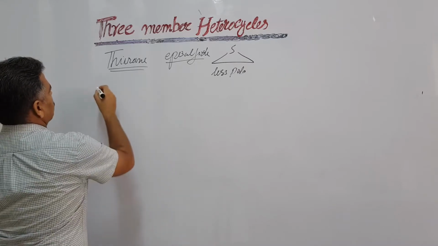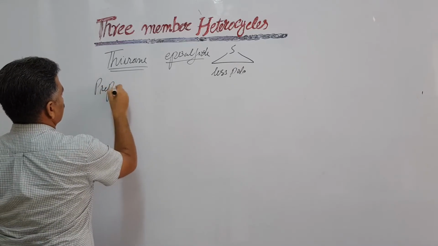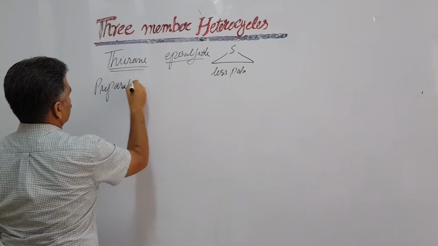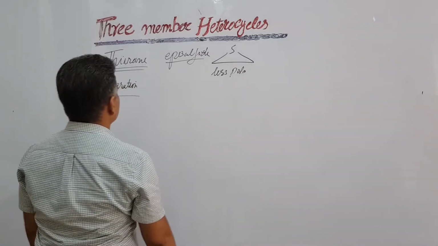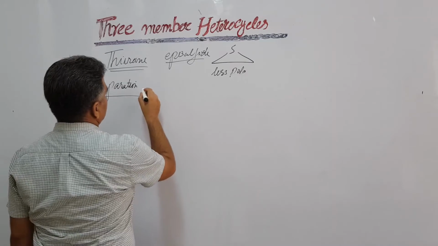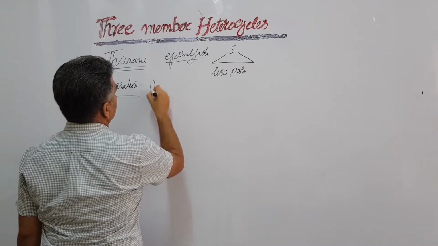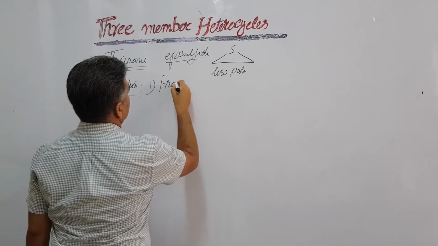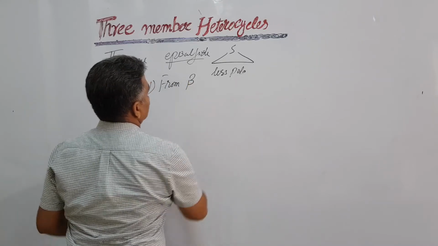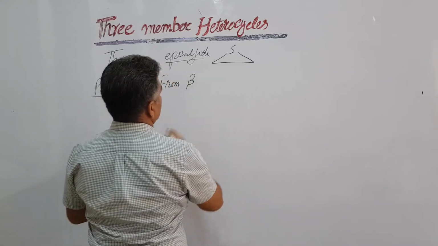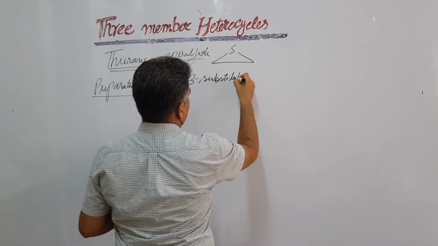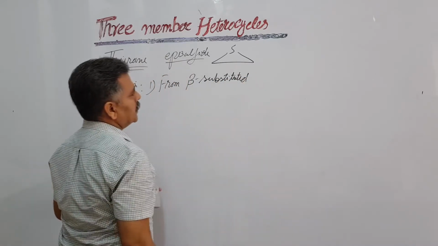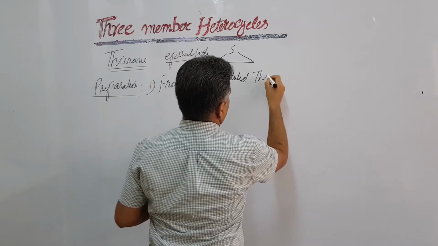So preparation. Preparation of Thiirane. The first method used for the preparation of Thiirane is from beta substituted thiols.